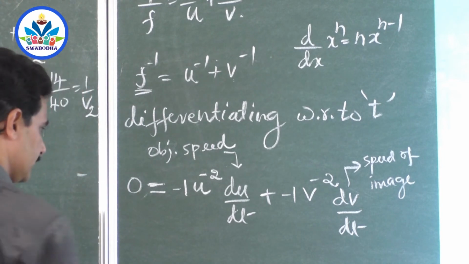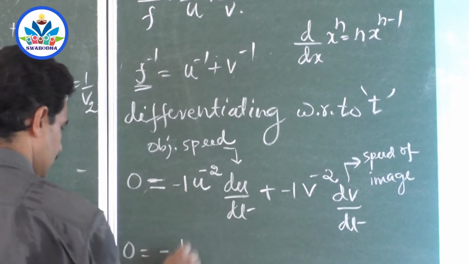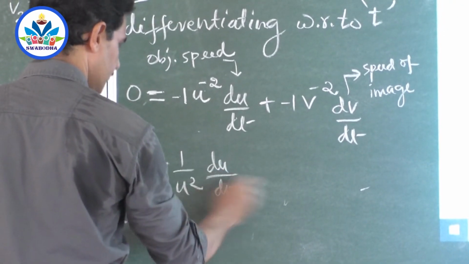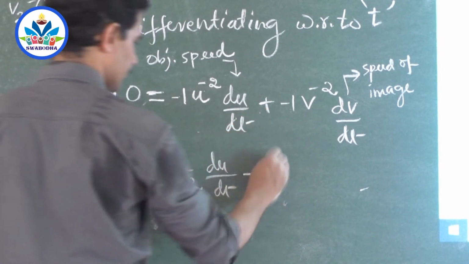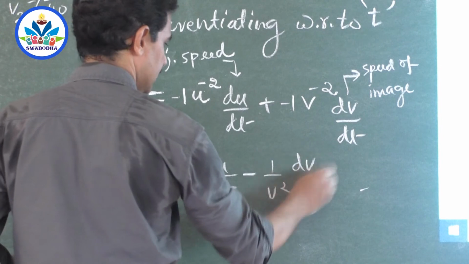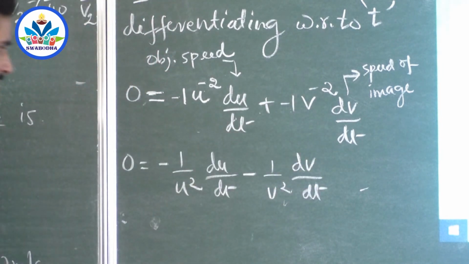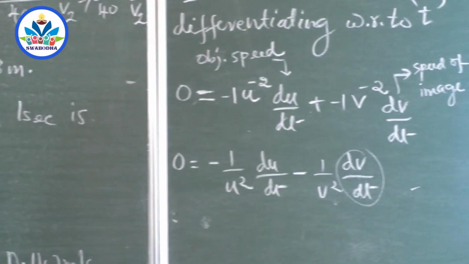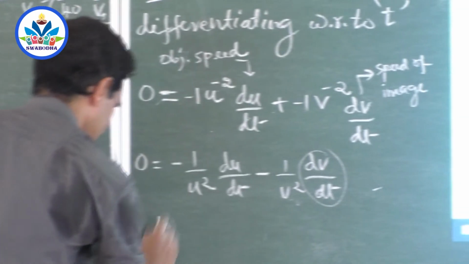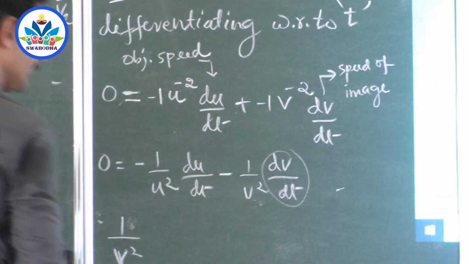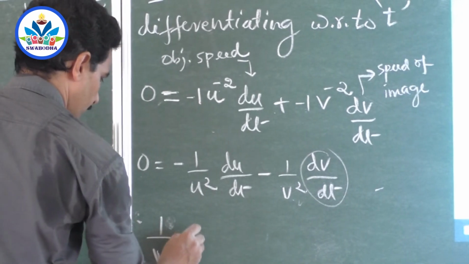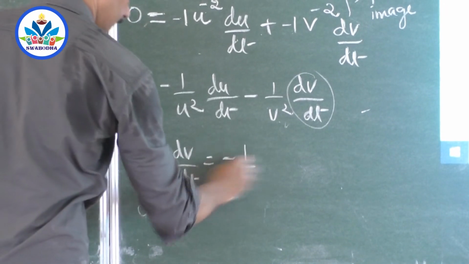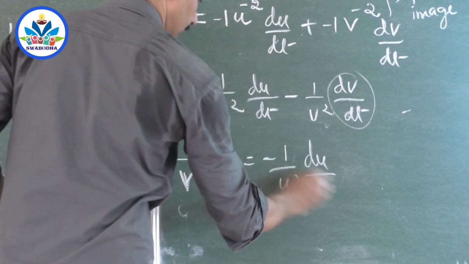So if I replace this formula as 0 is equal to minus 1 by u square, I will bring this to the denominator, du by dt, object speed, minus, this becomes minus 1 by v square, dv by dt, velocity of the image. You bring this here because this is what is needed. This is what is needed, velocity of the image. So if I bring it here, 1 by v square plus, this becomes plus dv by dt is equal to, this minus will remain, minus 1 by u square du by dt.